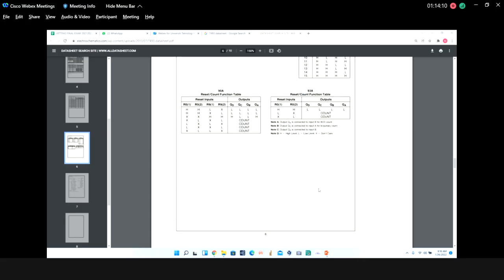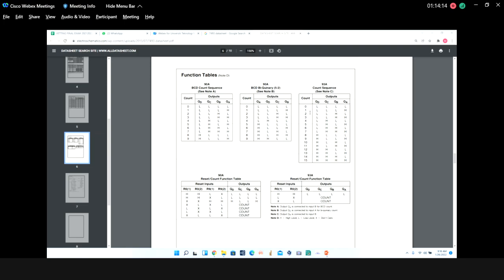It also gives a note: output QA is connected to input B for BCD count. Output QD is connected to input A for binary count. QA connected to input B. Okay, you need to see the note.